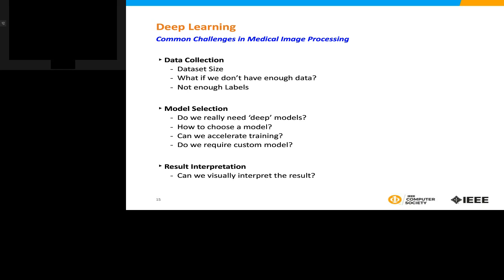But it should be in a form that the doctor can accept and take the decision from. That's called result interpretation, and at this point you need to sit with your medical collaborator and try to find out what is the best visual form or statistical form the doctor wants.